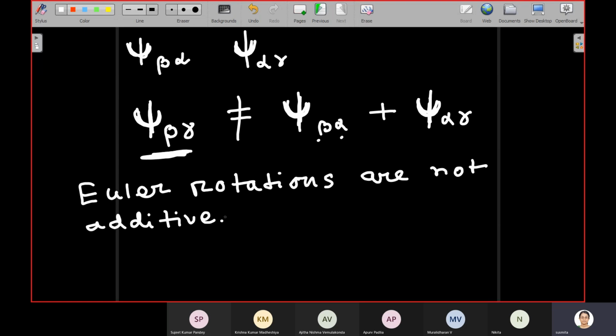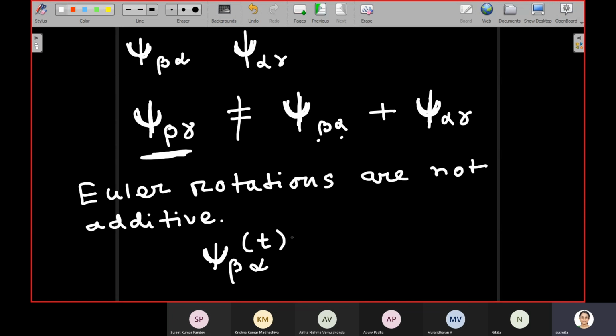Now suppose you have been given the Euler attitude of the alpha frame, which is the body frame, the frame attached to the vehicle body, with respect to some reference frame beta at some point in time t.